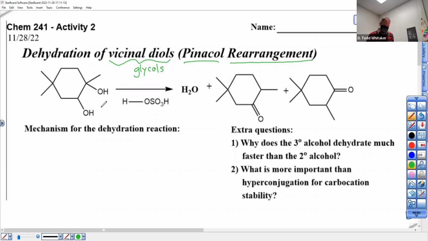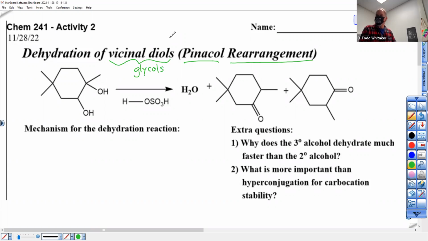Got a question for you. Extra questions. Why does the tertiary alcohol dehydrate much faster than the secondary? Well, tertiary alcohols, if you make them into good leaving groups, can become what? The thing leaves.